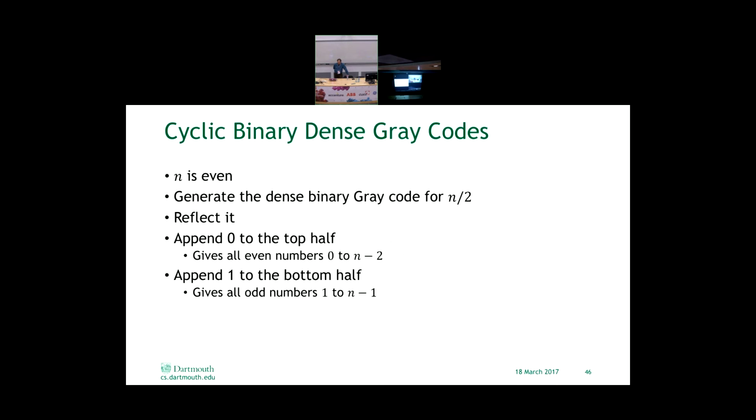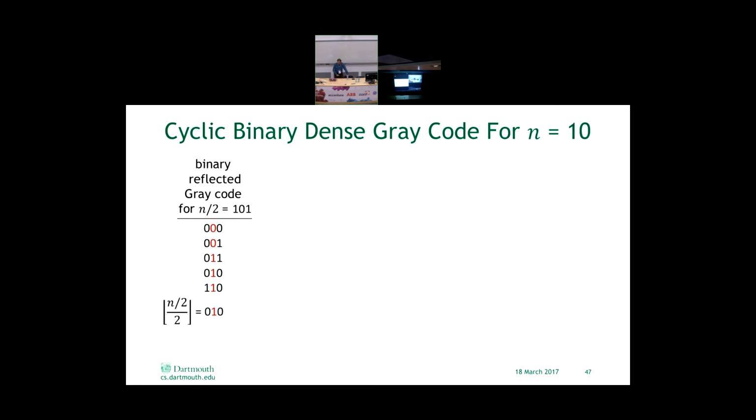So let's look at it for n equal 10. So here I've shown you the binary reflected gray code, the regular binary reflected gray code, not our dense gray code yet, for n over 2, which is 5, 1, 0, 1. And what I've also done is figured out if I'm making a dense gray code for 5, that means I have to take 5 over 2 and take the floor, because I'm going to XOR everything by that.